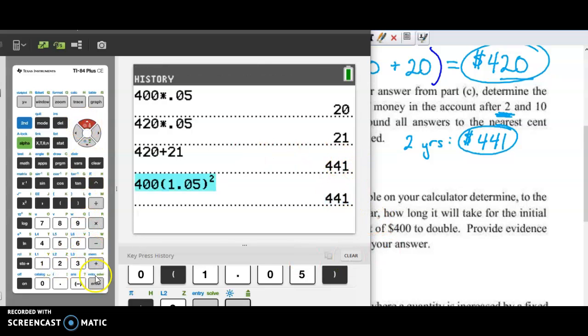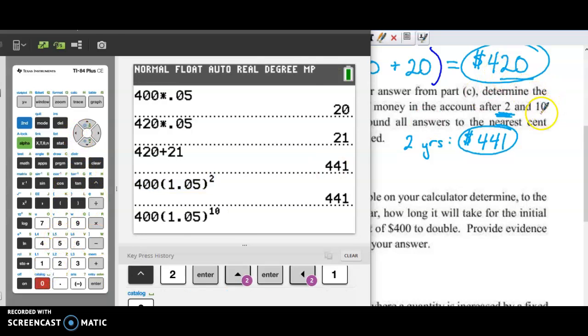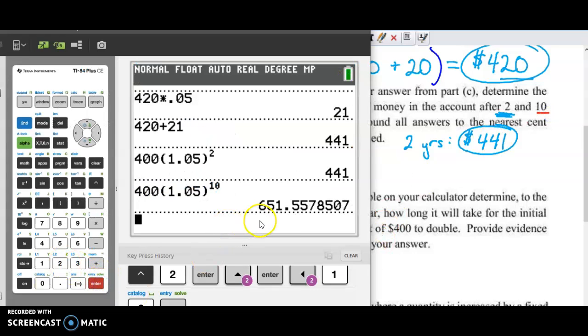The reason why I'm showing you this is because it'll save you some time, that after 10 years, because that's what they asked for here, you're actually going to have $651.56.